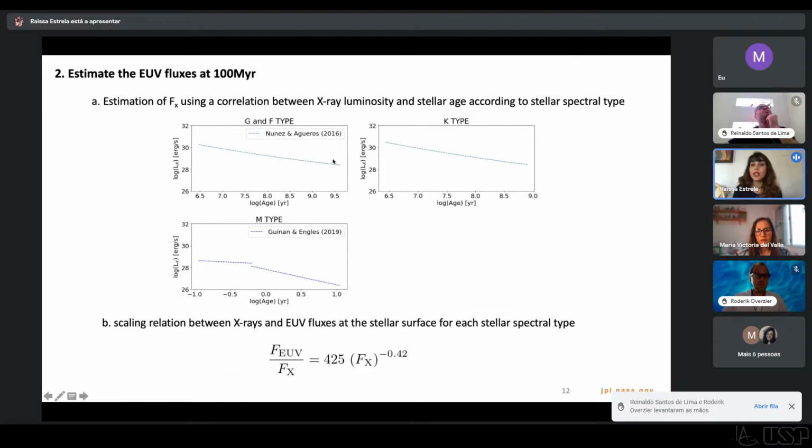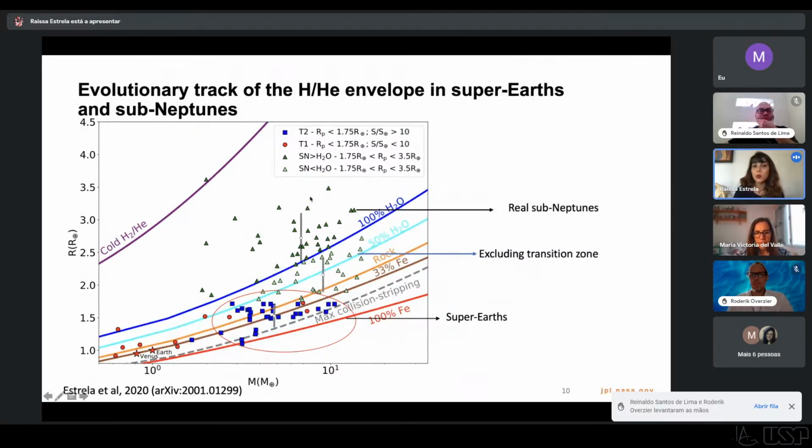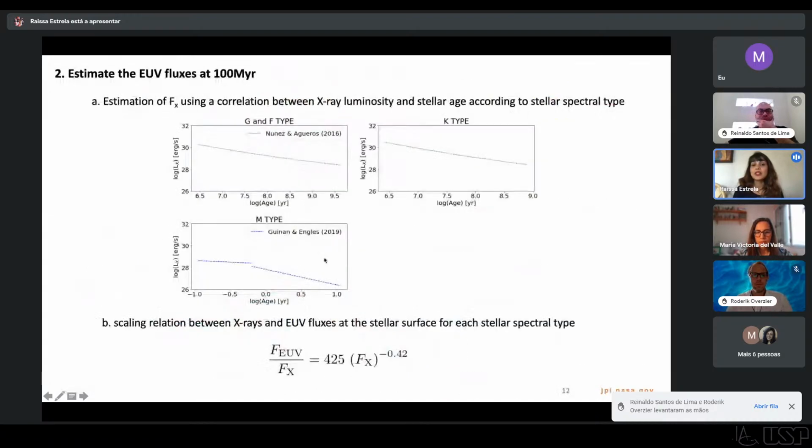So we took these relationships between X-ray luminosity and stellar age from the literature, and we estimate the UV flux at 100 million years using this scaling relationship between X-rays and UV flux for each target of the sample, super-Earths and sub-Neptunes. And with that, you can compute the photoevaporation due to UV for each target and estimate how much mass they lose in their envelope, the primordial envelope.